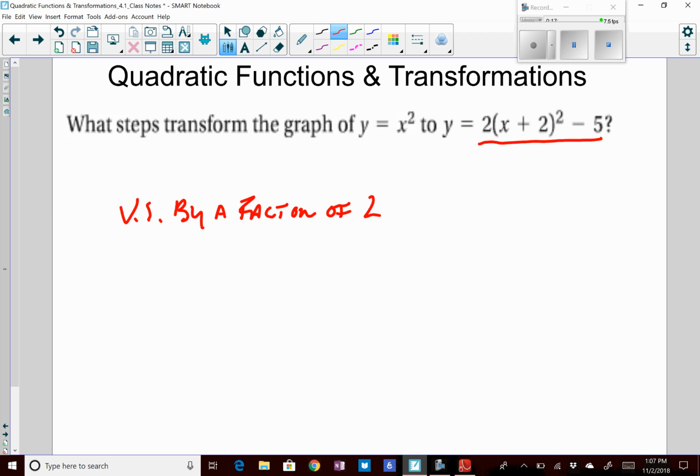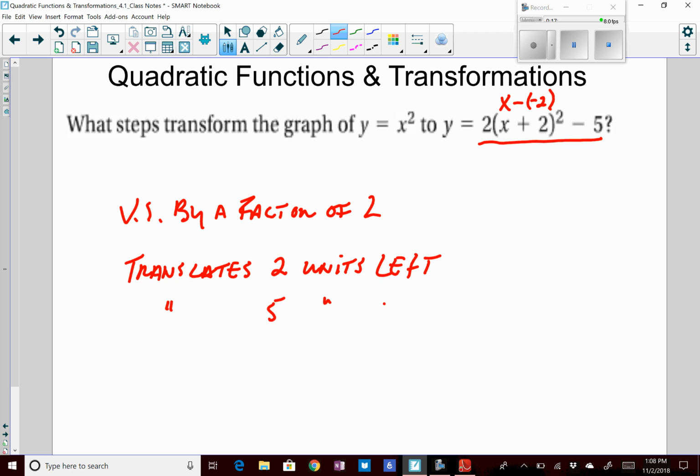The x plus 2 is telling us that it is translating 2 units to the left. Again, this is the same as x minus negative 2. So that negative 2 tells us it's going to the left. And then finally, we have minus 5 at the end of that equation, and that minus 5 tells us that it translates 5 units down.